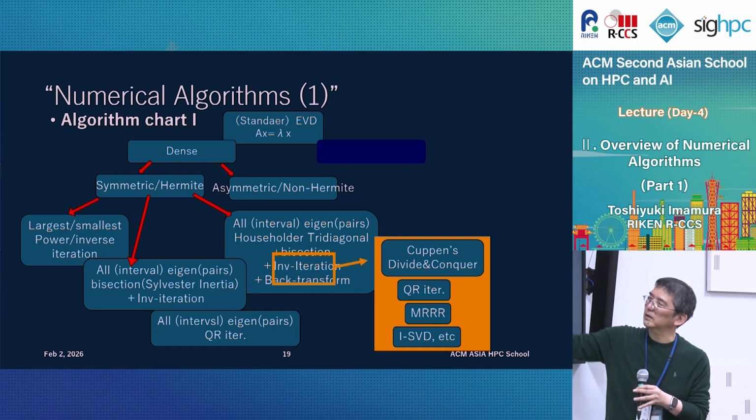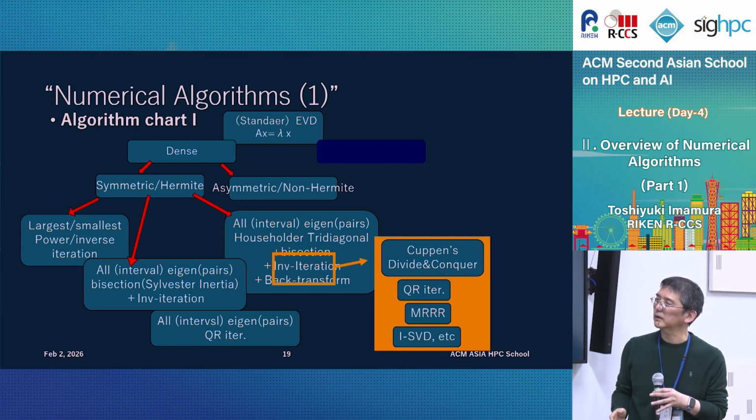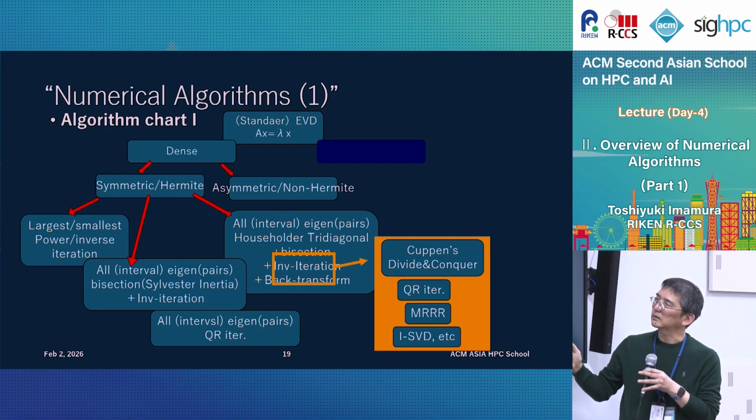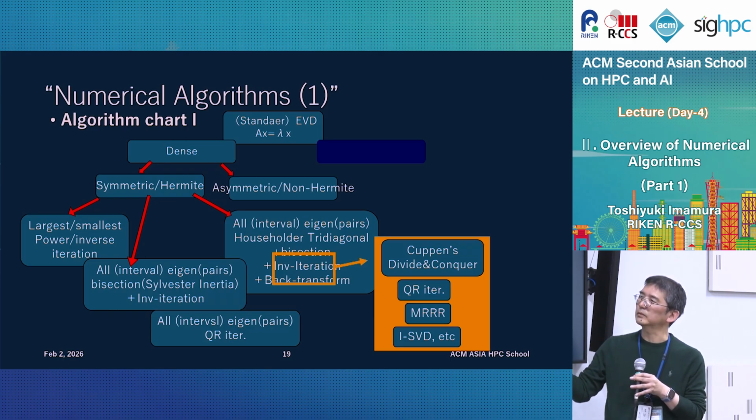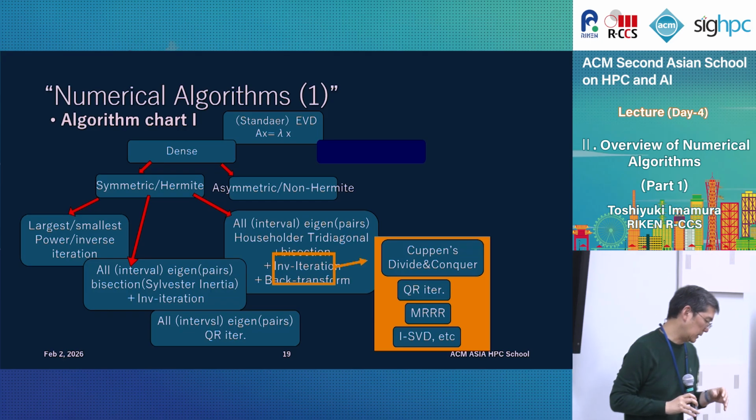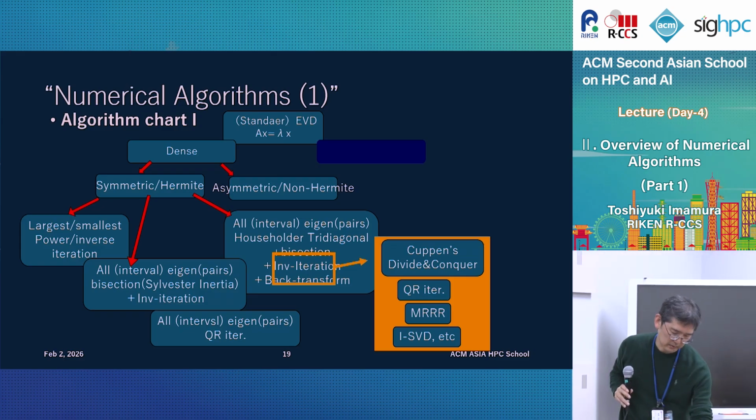So the state-of-the-art eigenvalue solvers use very special algorithms for solving very special matrices. These are feasible for parallel computer systems, and they show very nice performance or accuracy for the specific problem.